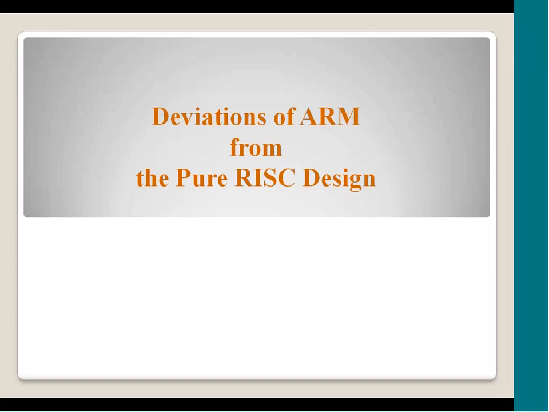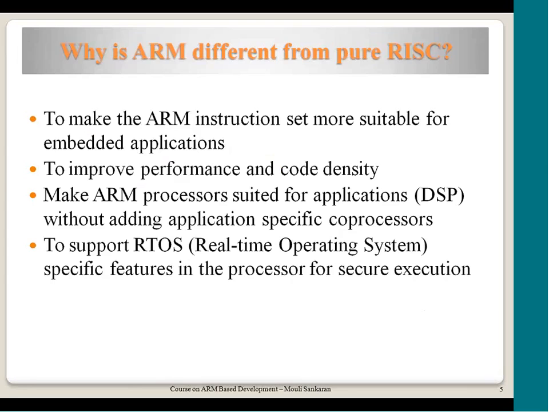So let us see how ARM deviates from a pure RISC design. If you recall from the earlier session, RISC processors have a fixed instruction size, and every instruction runs in a single cycle, and they have plenty of registers to operate on, and all the arithmetic operations work only on register operands, and most of the instructions run in a single cycle. This is what we learned about RISC, but that is not true in ARM.